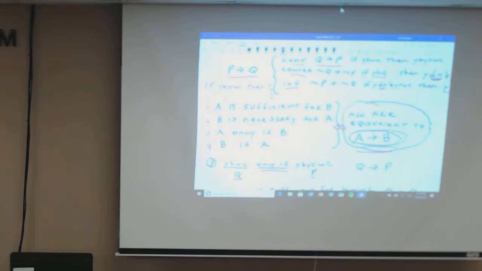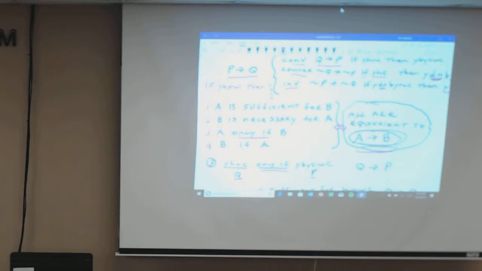So that's why I put A and B in here, so we're not talking about P and Q and getting it confused. So, you have no cavities is Q, and only if you brush your teeth with Clean. How do you write only if?